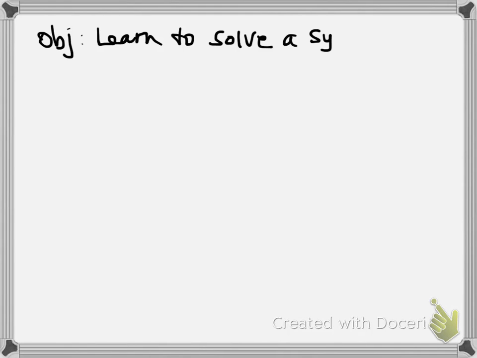So we've come up with other ways to solve a system. One of the ways that we're going to talk about to solve a system through algebra is a strategy called substitution. So that's our objective today: to learn to solve a system of linear equations.